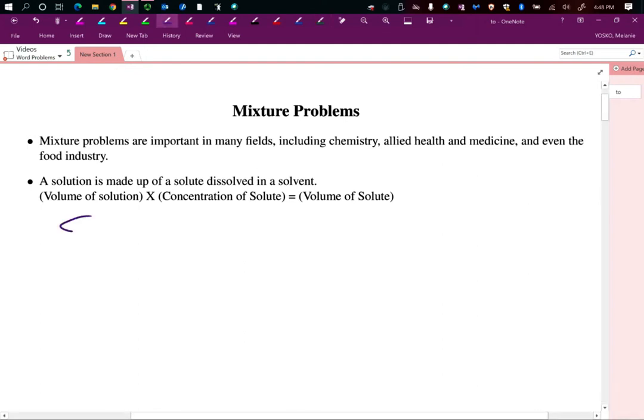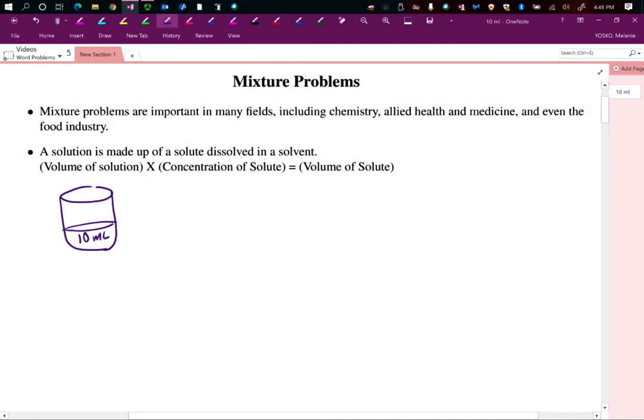If you have some container with some liquid in it, and maybe you have 10 milliliters of solution, and in that solution there's something dissolved, some solute. Maybe this solution has a concentration of 50% salt. That means 50% of the solution is salt and 50% is water.